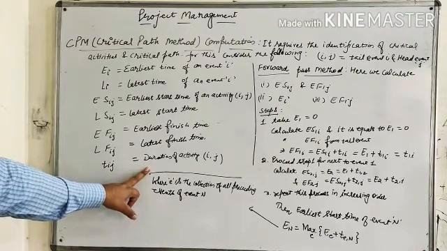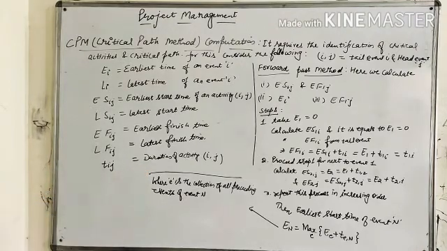An activity can start only when all its preceding activities have finished. That is, if all preceding activities have completed, then we can start the next activity, otherwise we cannot start the next activity. These times are calculated by two methods.